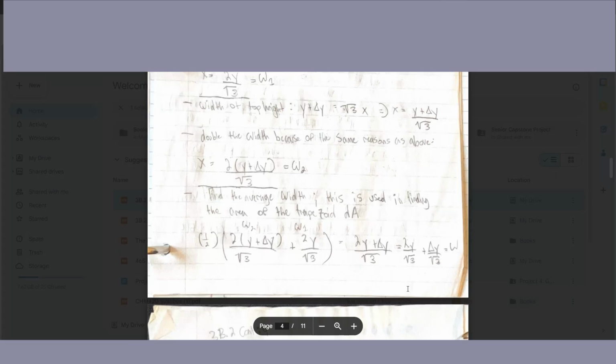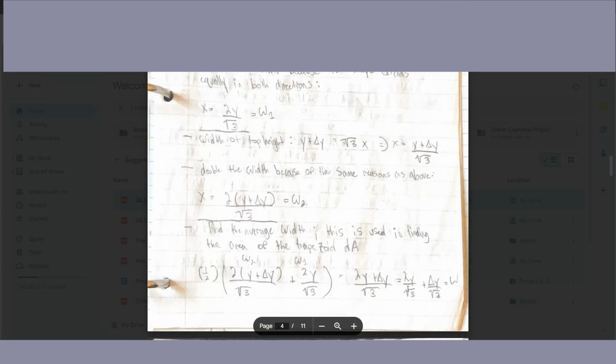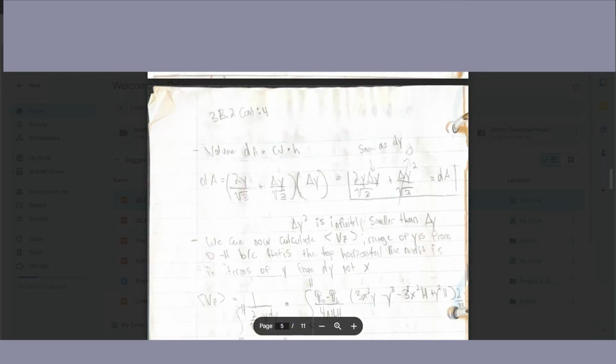Pretty simple. Then you take the average of those two widths and you get 2y plus delta y over root 3, basically. Does that make sense? Yeah, I'll believe it.